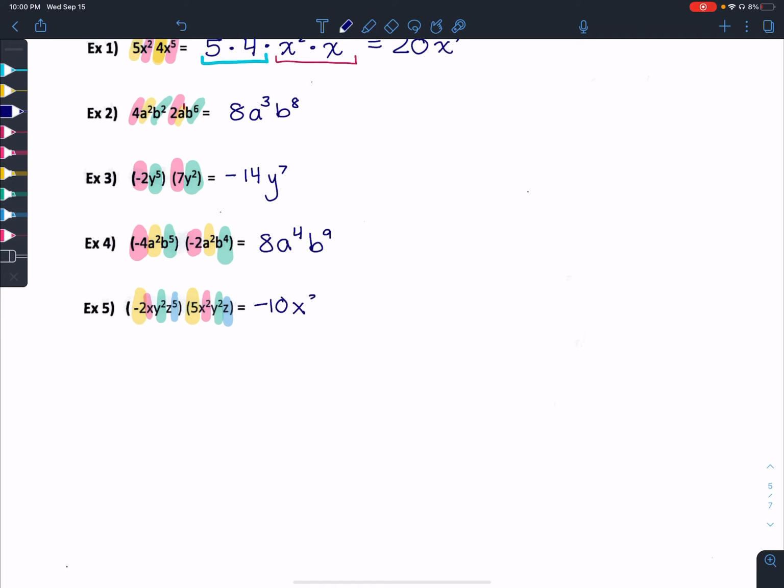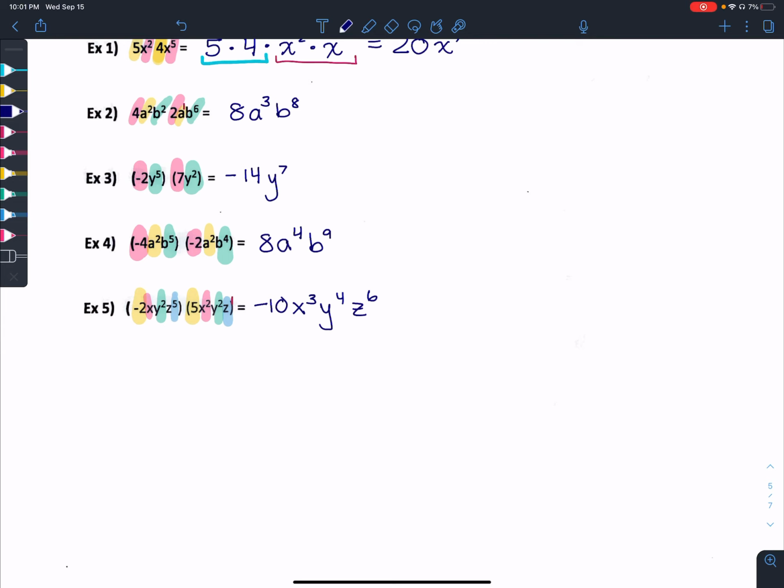Add those up, x to the power of 3. Y to the power of 2 times y to the power of 2. Add up those exponents, y to the power of 4. Z to the power of 5 times z to the power of 1, which is not written, but we know it's there. Add those up as well, and you get z to the power of 6.